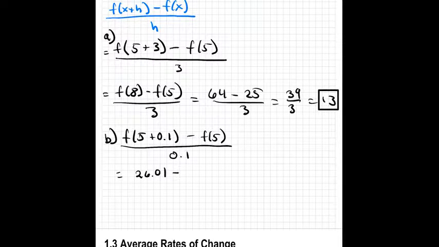Minus 25 over 0.1. So that's what? 1.01 divided by 0.1. 0.1 is 1 over 10, so just multiply by 10, so 10.1.